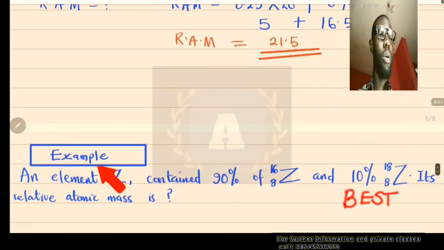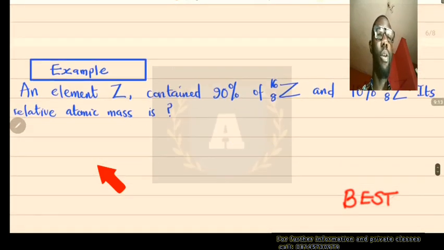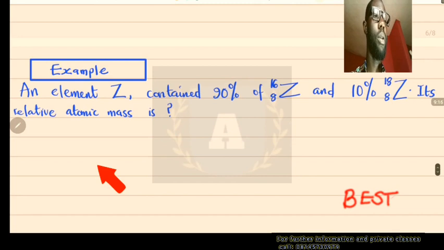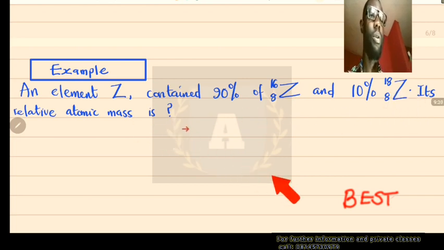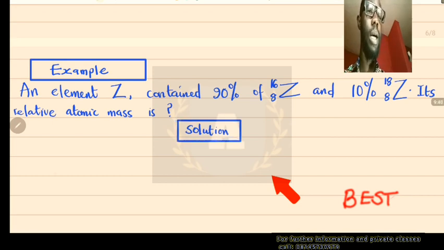Now we still got another question here, and the question says, and I read, an element Z contains 90% of Z16,8 and 10% of Z18,8. Its relative atomic mass is, so we don't know the relative atomic mass, so we have to calculate that. So how do we calculate the relative atomic mass?